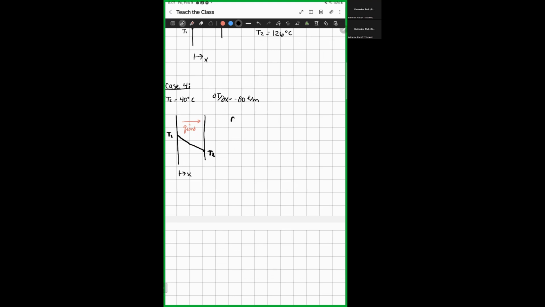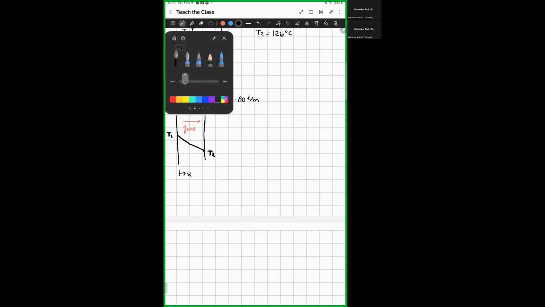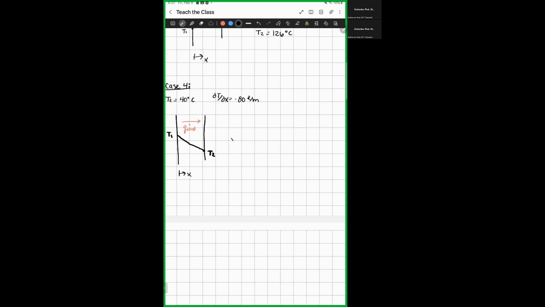So again, I'm going to start with dT/dx equals T2 minus T1 over L, one of our governing equations.